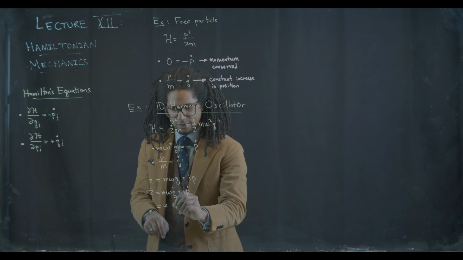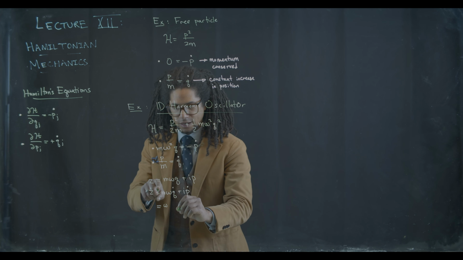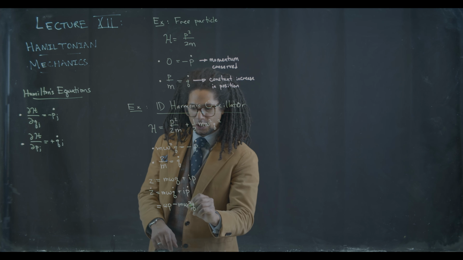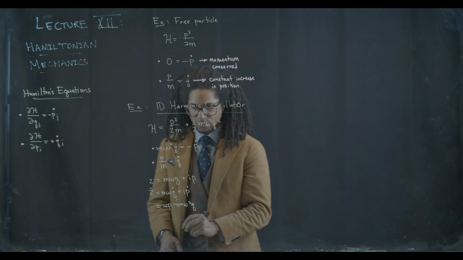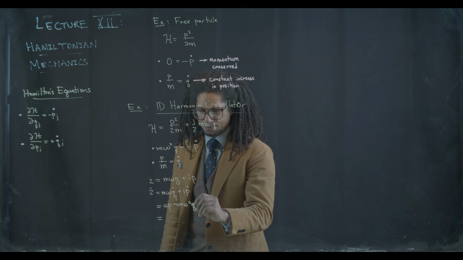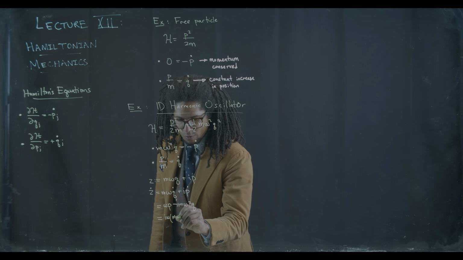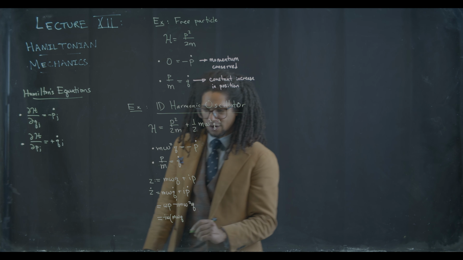m omega q dot is going to be omega times p, and then plus i p dot will be minus m omega squared times q times i. Great. Next, I'll pull a minus i omega out of this whole expression.